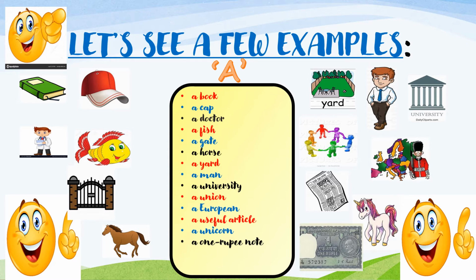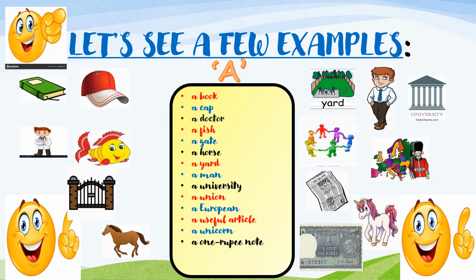If you look at the words from a book to a man, all these words started with consonants such as B, C, D, F, G, H, Y, and M. So as per the rule, before the consonant, we need to use article a. That is fine, absolutely right.